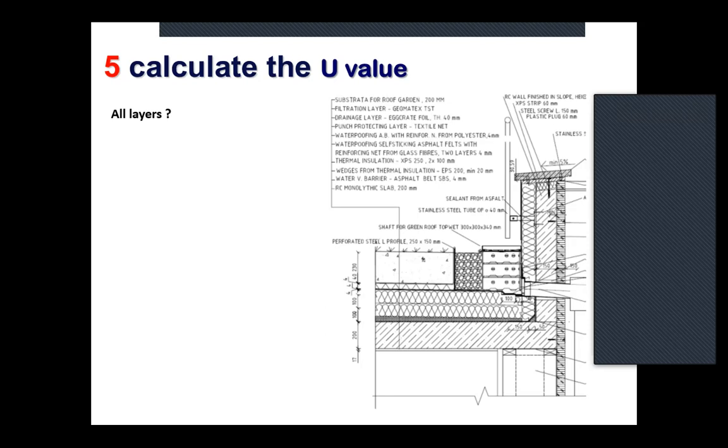Then we take these bitumen felts, then there are some wedges of thermal insulation, then the thermal insulation itself, and then this real waterproofing, which in fact stops water from going into the insulation. And this is where we stop.